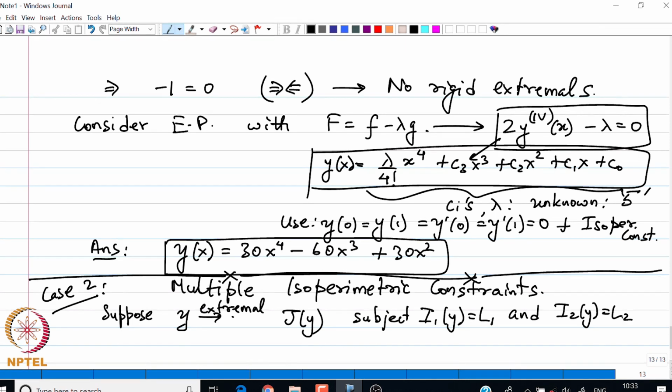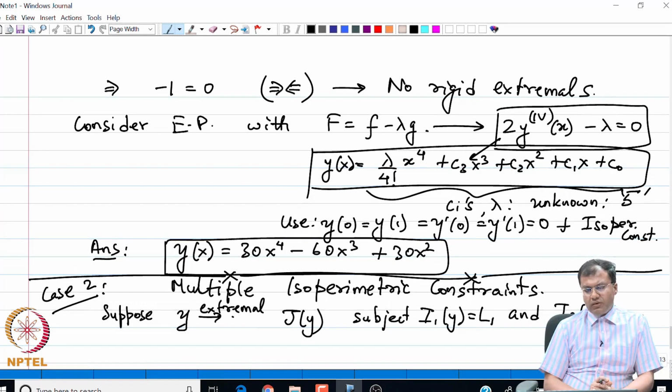So, we have two isoperimetric constraints, right, to meet both constraints. Now, how to derive the necessary condition that y should satisfy?